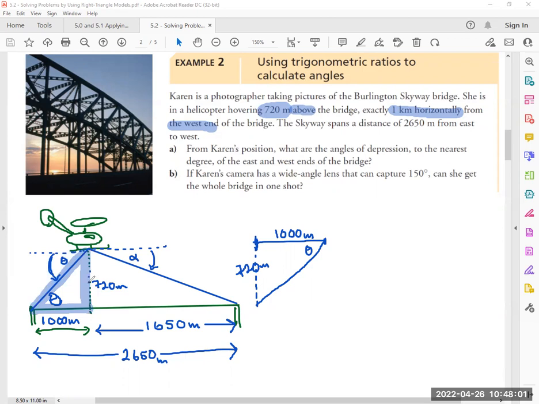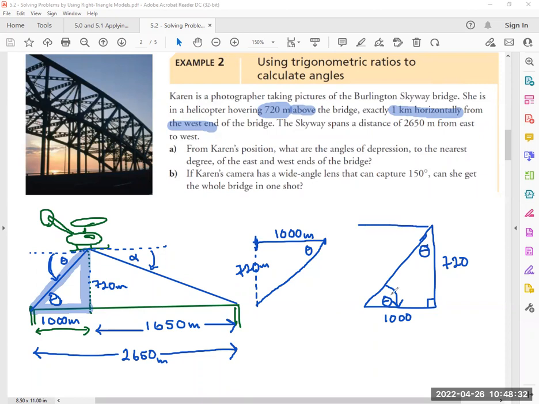Well, the reason I'm trying to focus on that triangle is, let's pretend I solved this triangle. So this is 1,000 and that's 720. By solving this, you were able to get this angle, correct? Or you can also get this angle right here.